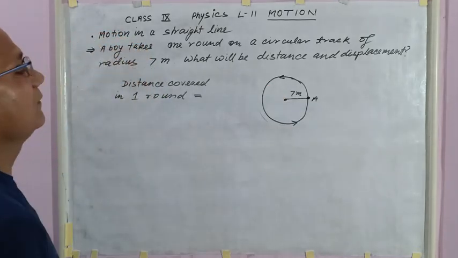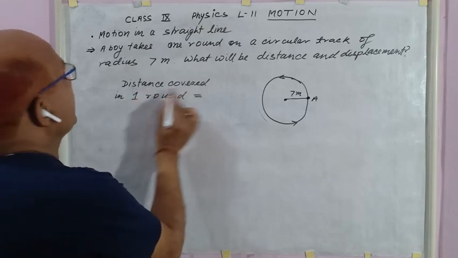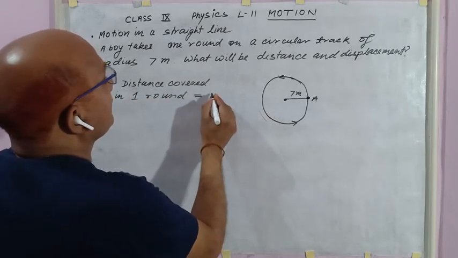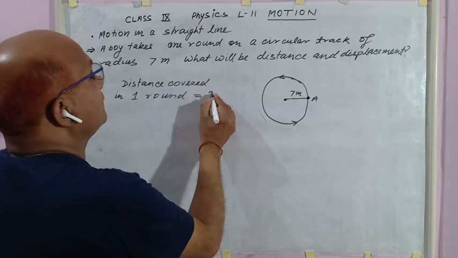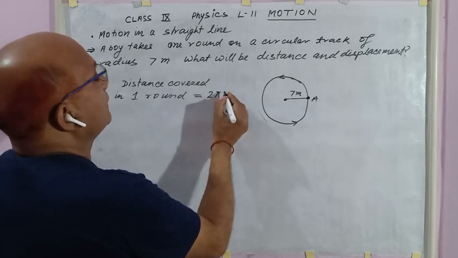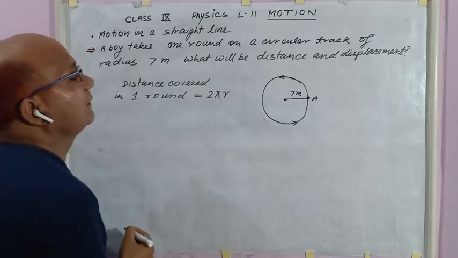So distance covered in one round is equal to 2 pi r.